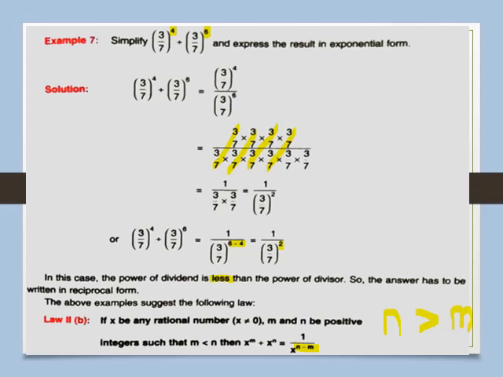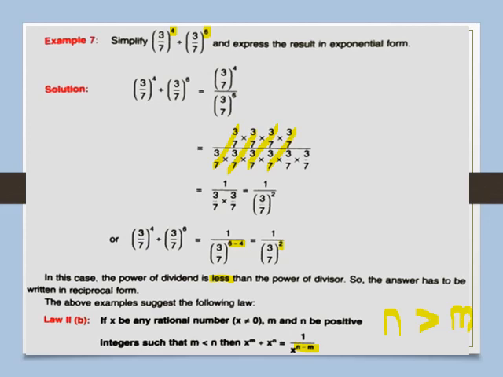How many 3 by 7s are left? Only 3 by 7 into 3 by 7, and that is in the denominator, not in the numerator. Why is this so? Because the first number contains the lesser power and the second number, the divisor, has the greater power. That's why it is 1 upon 3 upon 7 whole square.